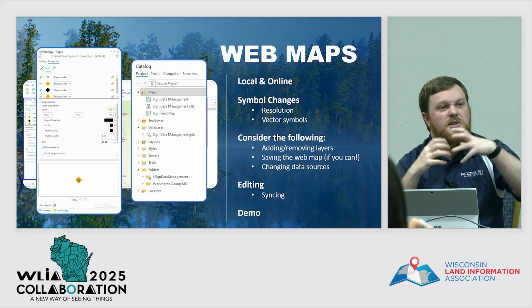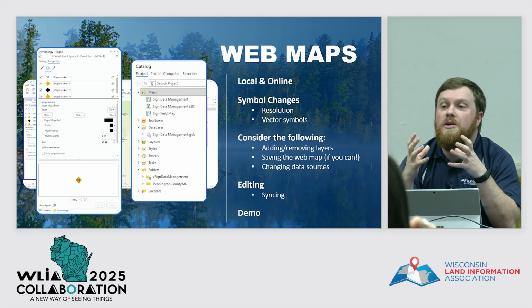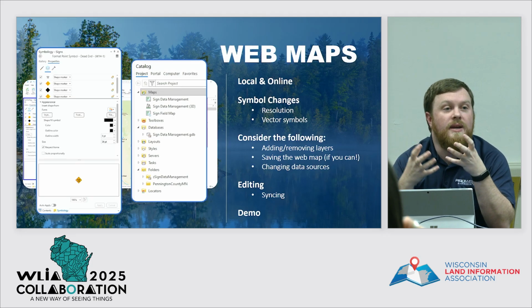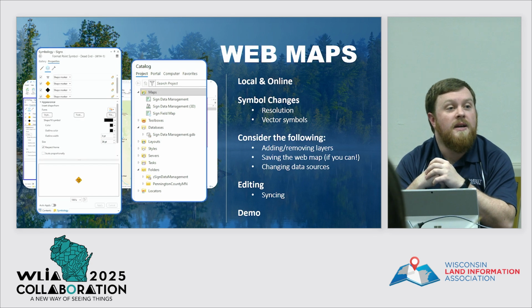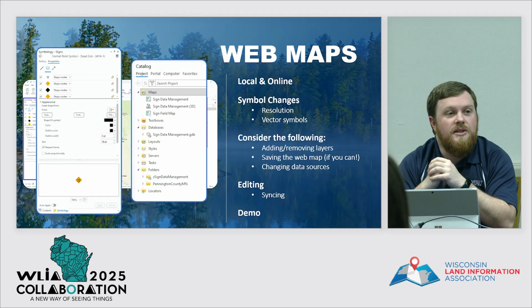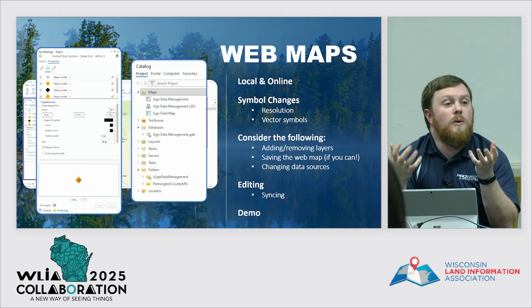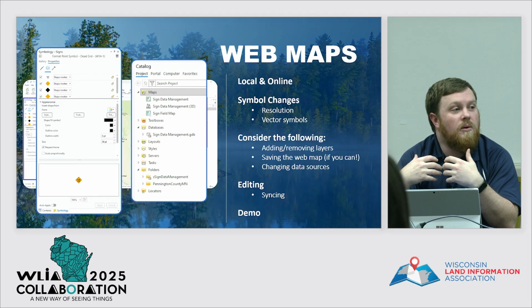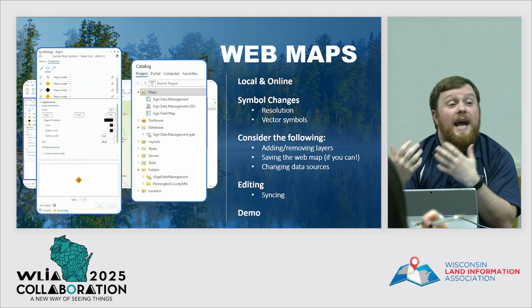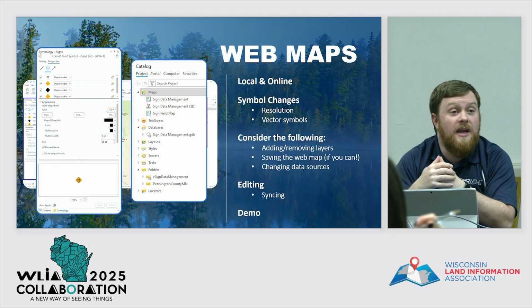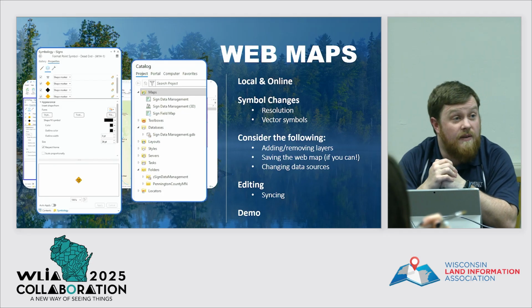And while the connection between Pro and Online is strong, there are certain things that can break if we're not careful enough. So what I usually do is build specific maps that I know are going to be used inside of Pro, and those are not actionable maps that I'm using inside of applications or for other purposes inside of ArcGIS Online.